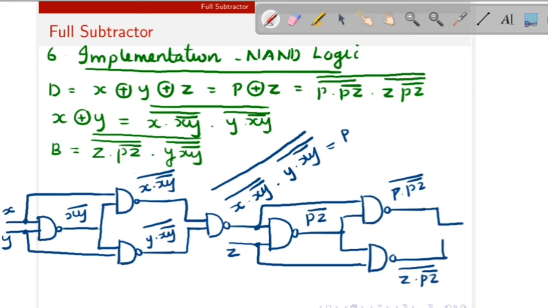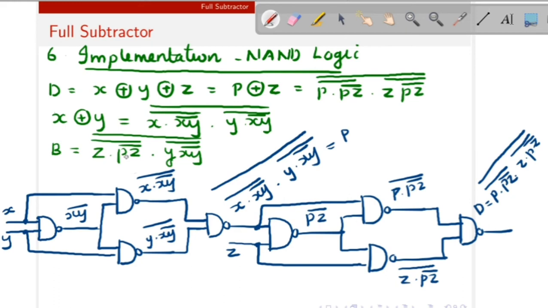Then these two outputs are again NANDed together, we get the difference, that is equal to P into (PZ bar) whole bar dot Z into (PZ bar) whole bar, whole bar. So this is the difference.